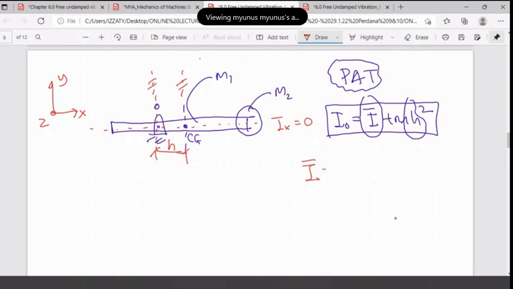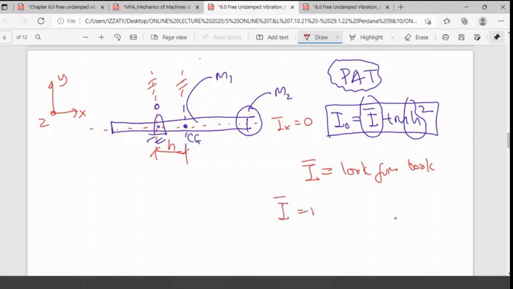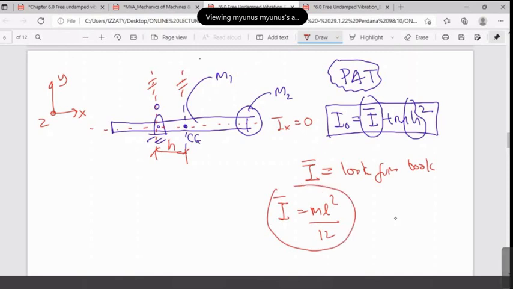So this I bar is the I at center mass. You have to look from books or references, because you have two. I bar is m l squared by what? By 12. This one is in the books. How do you get this one?